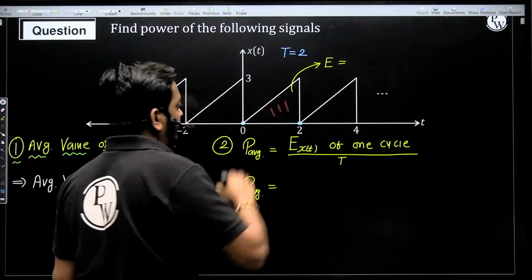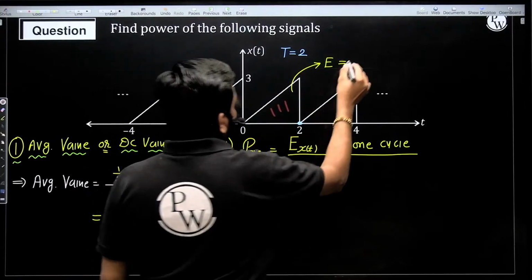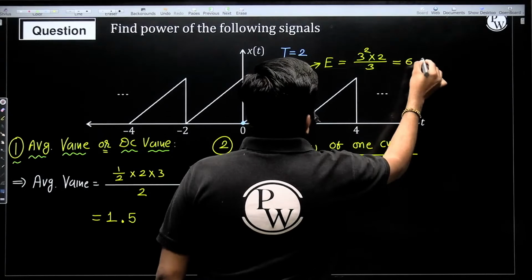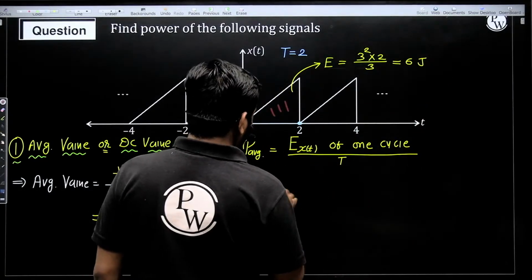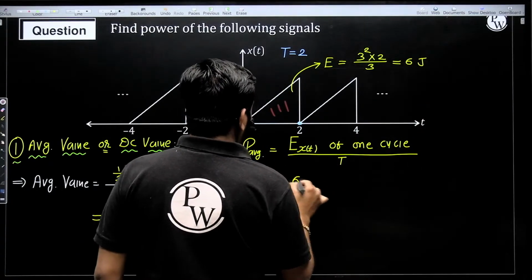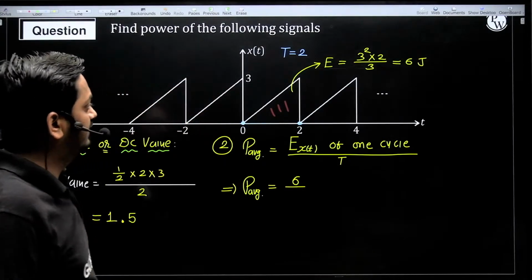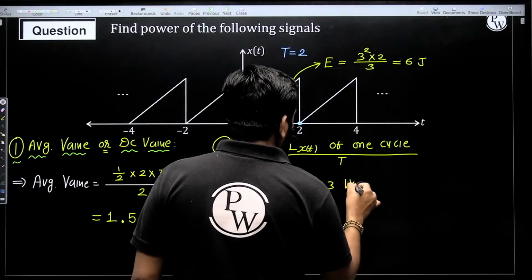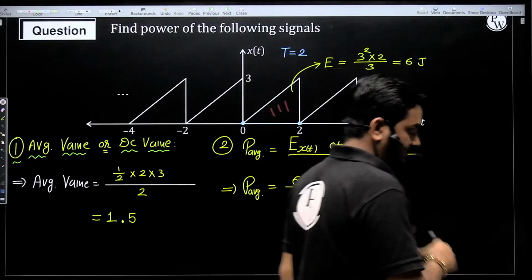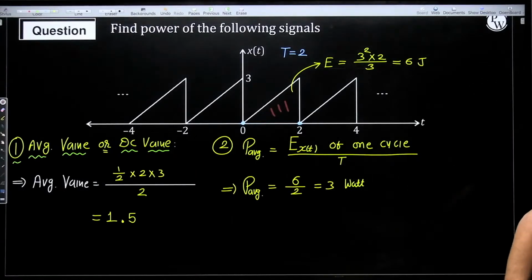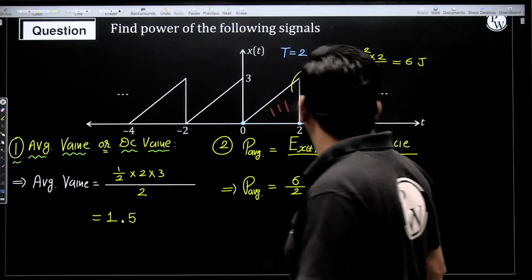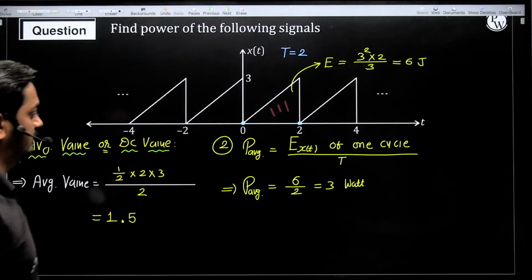Energy of triangle is peak value square into width divided by 3. So 3 square into width 2 divided by 3, so it is 6 joule. So energy is 6 divided by fundamental time period 2. So average power is 3. If you want to write unit, then unit of power is watt. Is this clear? 3 watt average power.